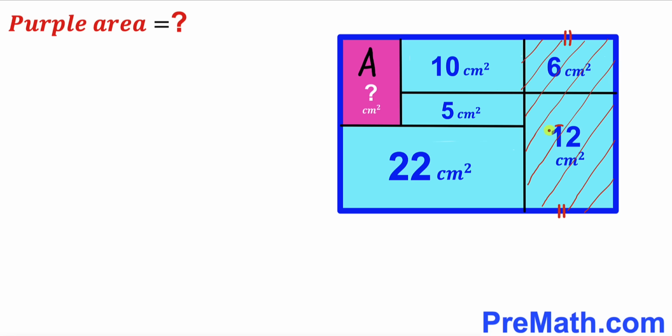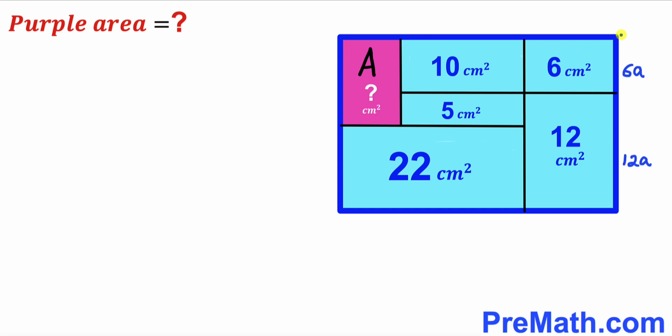Since the area of this rectangle is 12 and the area of this rectangle is 6, we can label this side as 6 times some constant A, and this side of the other rectangle is going to be 12 times some constant A.